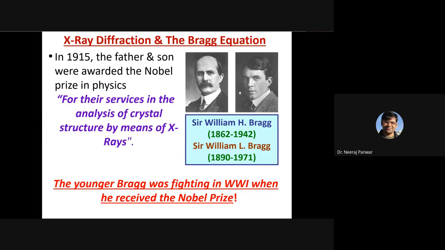Here is the only example where father and son working on the same area received the Nobel Prize on the same problem in 1915 for their services in the analysis of crystal structure by means of X-rays. And when they received the Nobel Prize, the son was fighting in World War I. You see in what difficulty these scientists have worked.